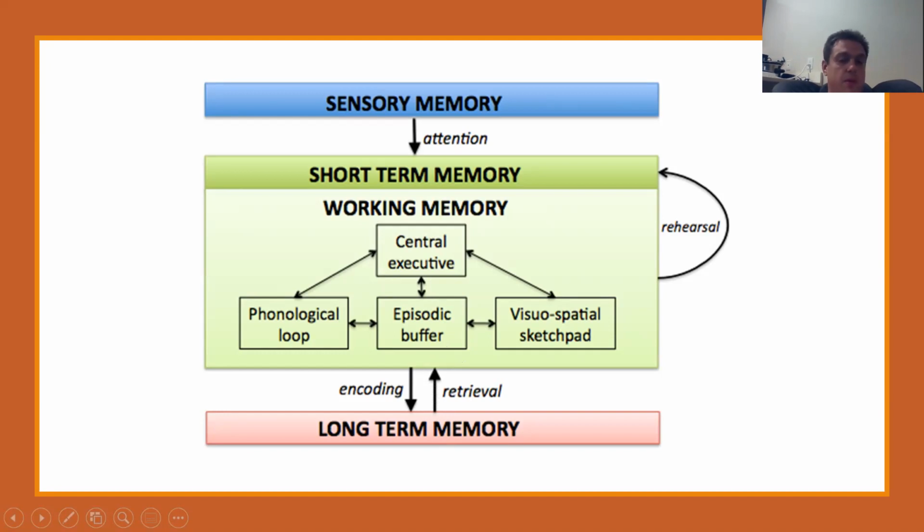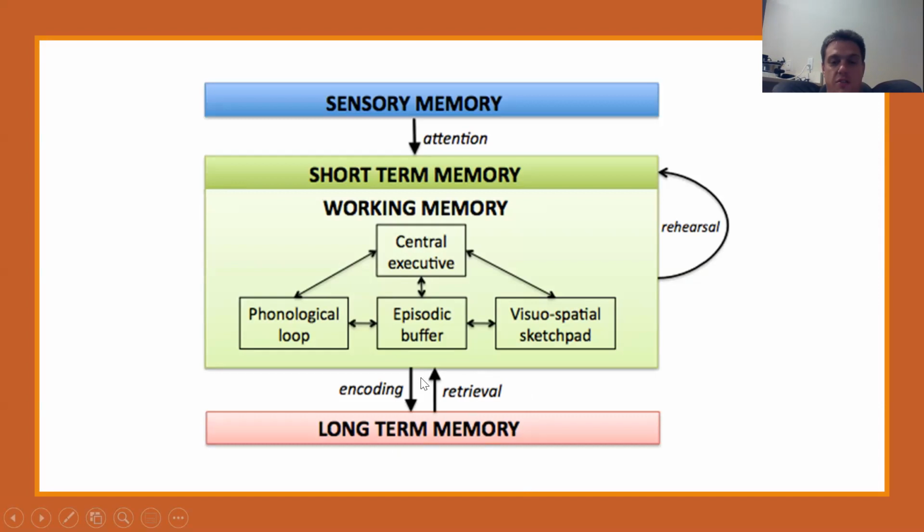The whole idea has been that you have to encode something and get it into long-term memory, and then when you later want to access it, you have to retrieve it from long-term memory. But something that was not really paid attention to until about 20 years ago was how this active retrieval, taking something out of long-term memory, can actually work in tandem with encoding.